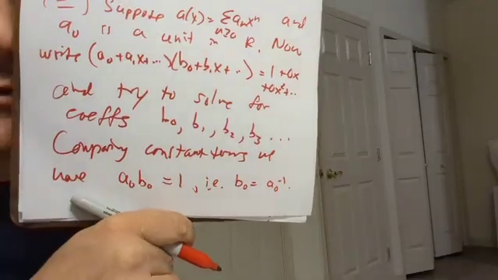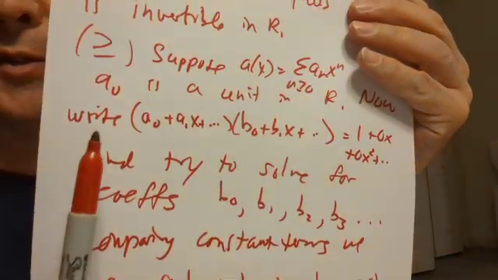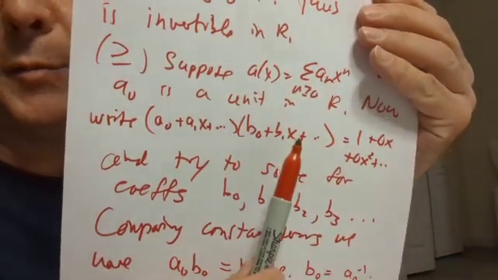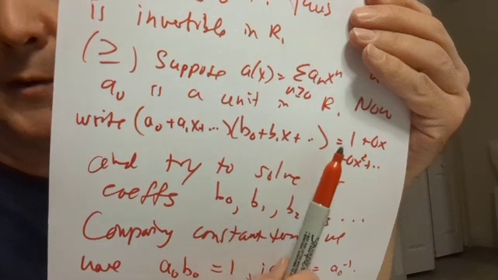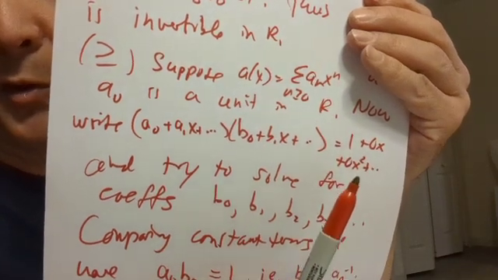All right, so we just solved for the constant term of the B power series. Now let's look at the coefficient of x. Let's look at b1. So we still have this equation, A power series times B power series equals 1.